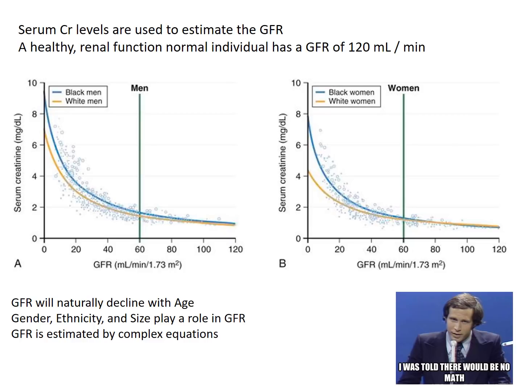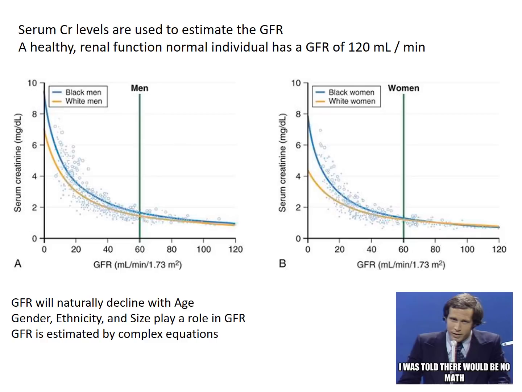And we can estimate a person's GFR through their serum creatinine level, and as you can see, they are inversely proportional. As creatinine levels go up, GFR drops. When we start to lose kidney function, creatinine levels are rising because we're unable to filter that creatinine.